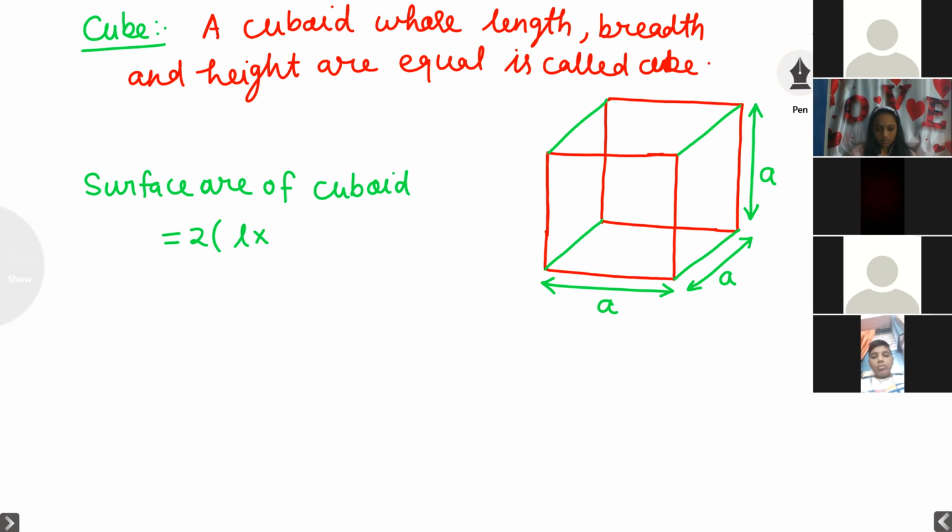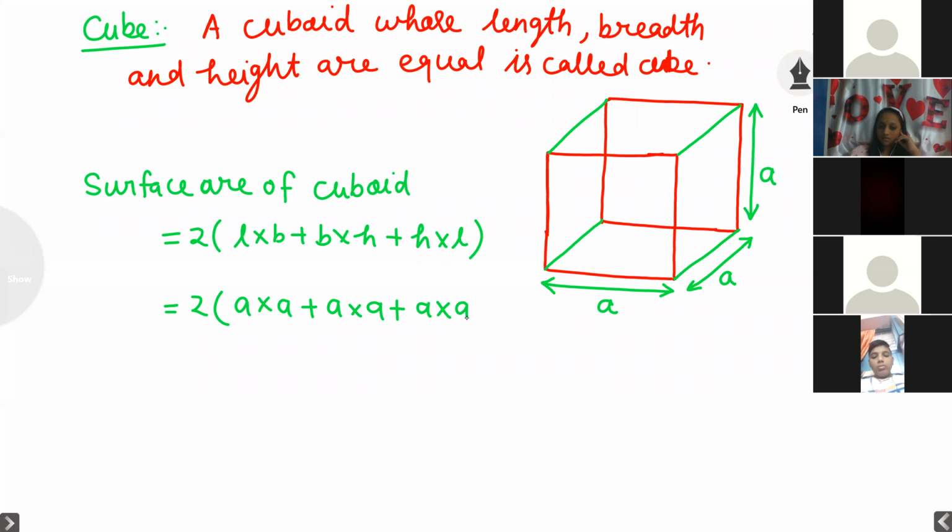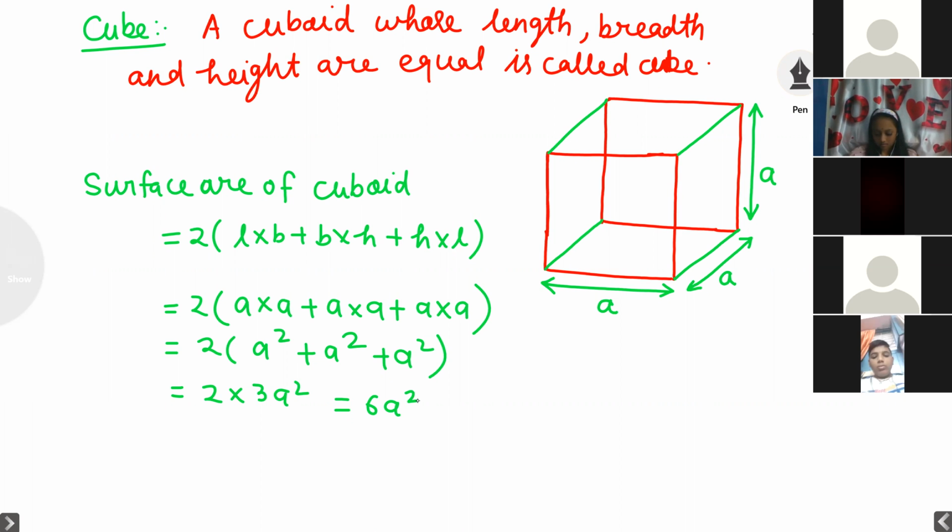Twice L into B plus B into H plus H into L. If all sides are equal, I substitute in place of L, B, H: a into a plus a into a plus a into a, twice a square plus a square plus a square. 1a square, 2a square, 3a square, so 2 into 3a square is equal to 6a square. This is the surface area of cube formula.